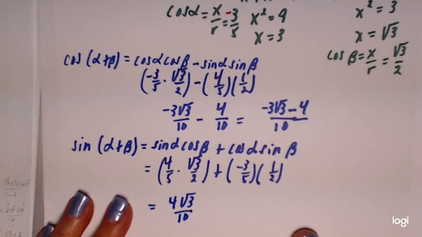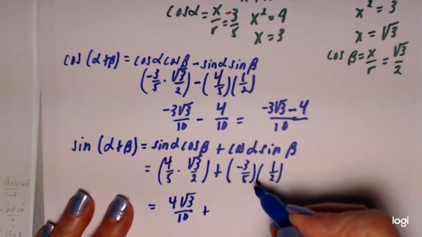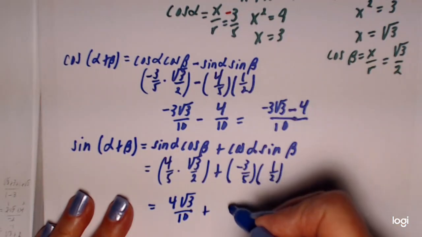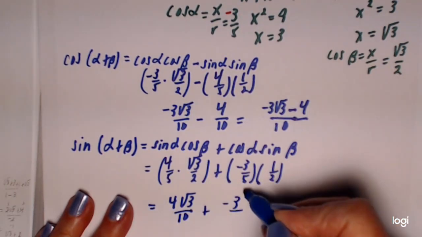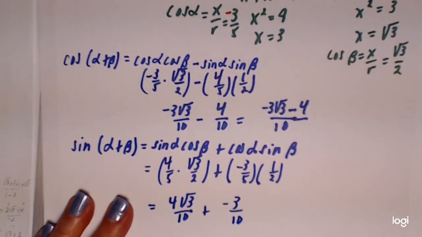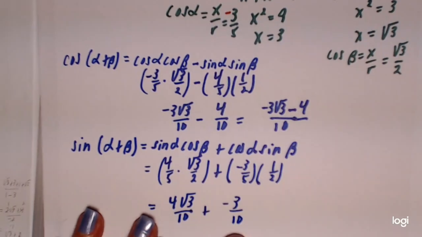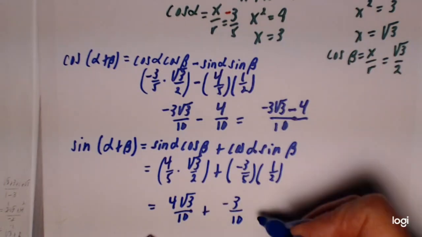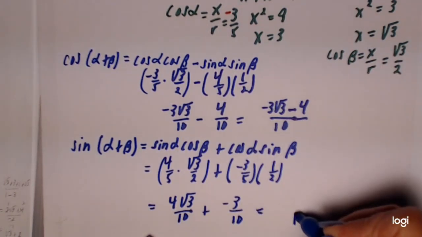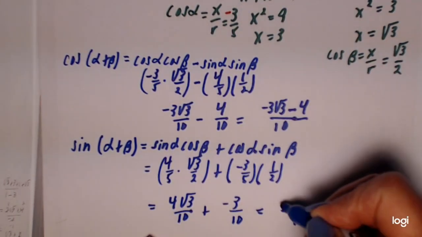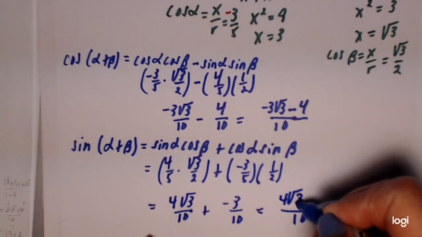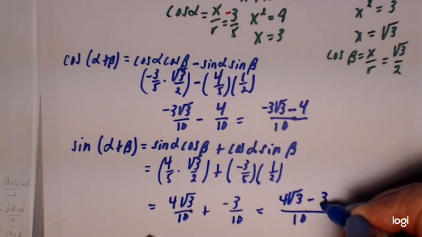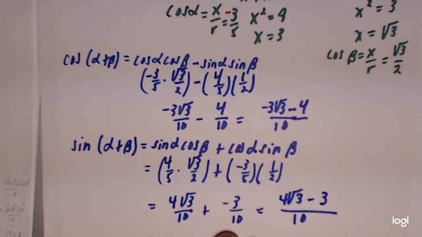And then over here, negative 3 times 1 is negative 3. 5 times 2 is 10. So there is our answer. And as we've been doing in these, when the denominator is the same, we are able to combine into one fraction. So we have 4 square root 3 minus 3, all over 10. And that would be our answer.